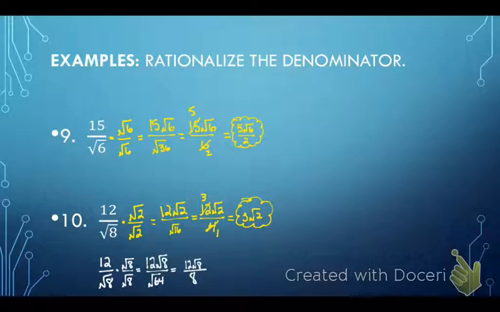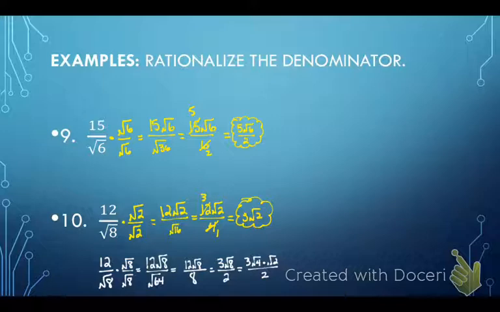So can the 12 and the 8 reduce? Yeah, I can divide both of them by 4, right? So then I'm going to have 3 square root of 8 over 2. Now, can I simplify the square root of 8? Yeah. Okay. I can simplify the square root of 8 because I can divide it by 4. So basically I'm going to have 3 times the square root of 4 times the square root of 2 all over 2.